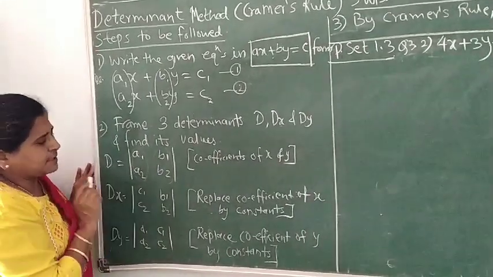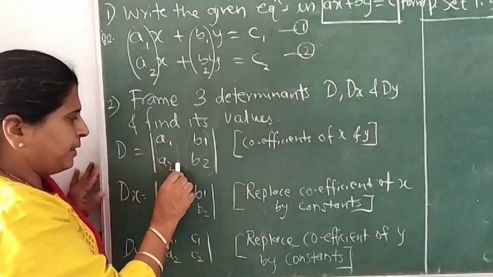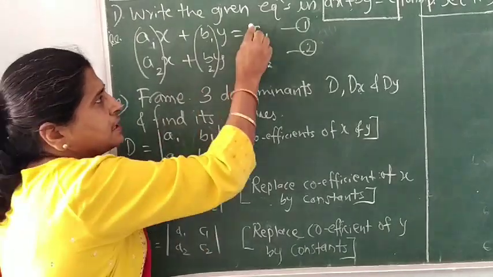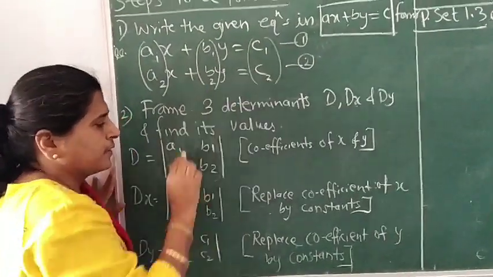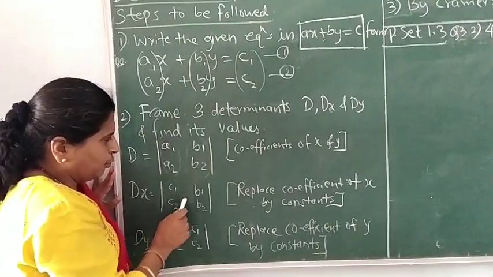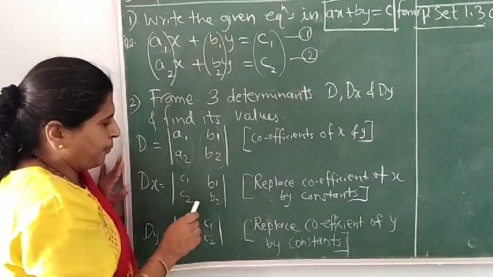Now what is the Dx determinant? In the Dx determinant, the coefficient of x should be replaced by the constants c1, c2. So this a1 and a2 is replaced by c1, c2, and the coefficients of y are copied as they are.